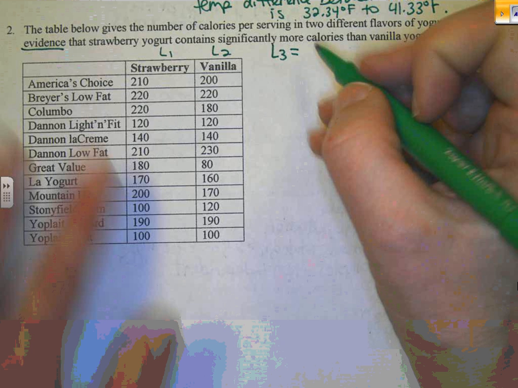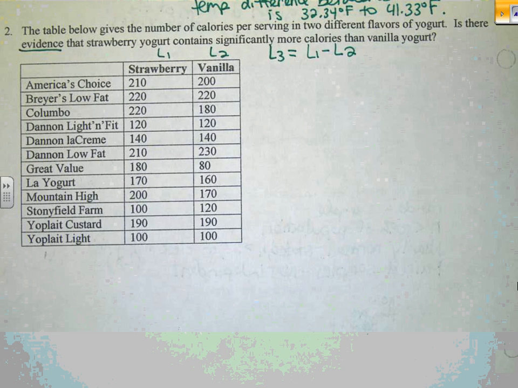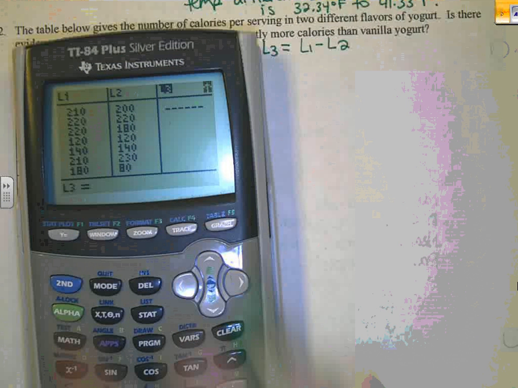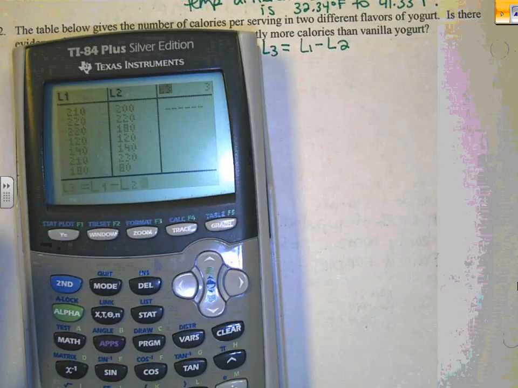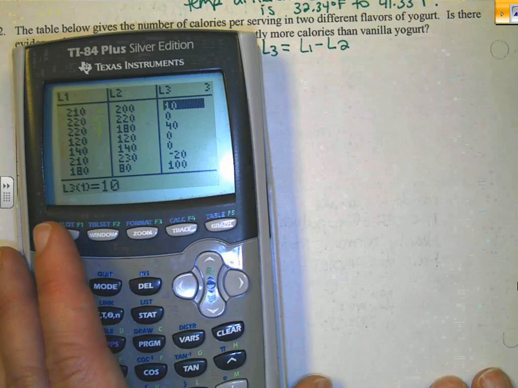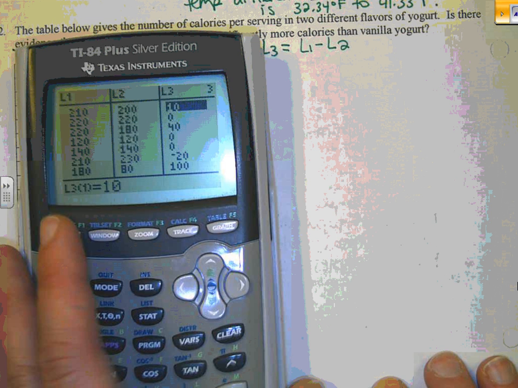So I would start with the strawberry, just so it's positive. So you go up to L3 and type in L1 minus L2. Anyone having trouble, ask a neighbor if you can, so I can get to you.